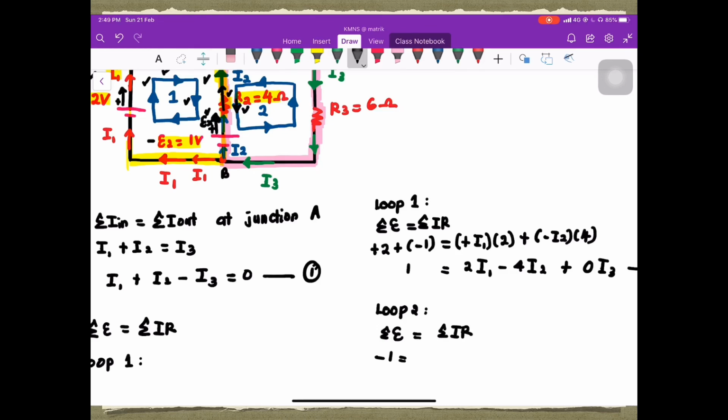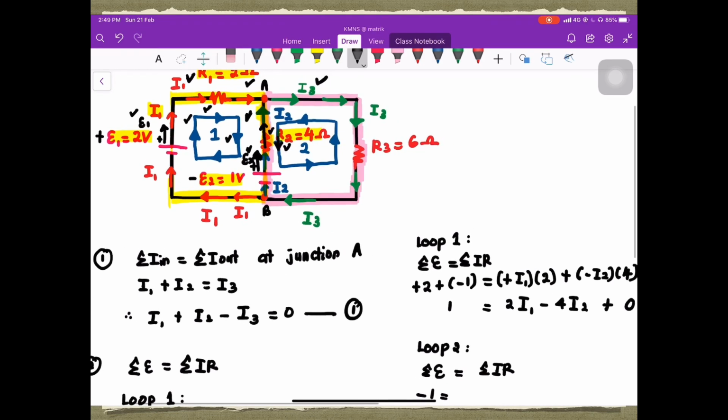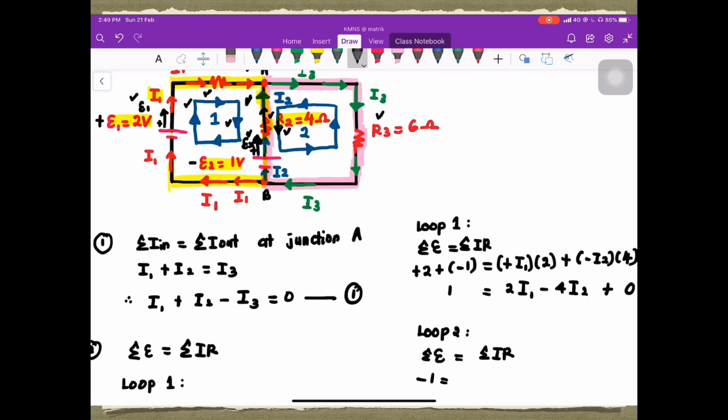Look at loop 2. How many currents for loop 2? We have green color I3 and also blue color I2. For this resistance, 6 ohm, the current flowing through it is I3.